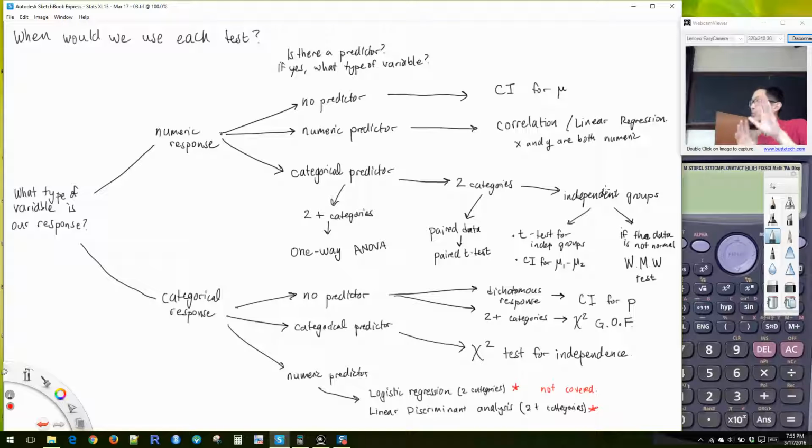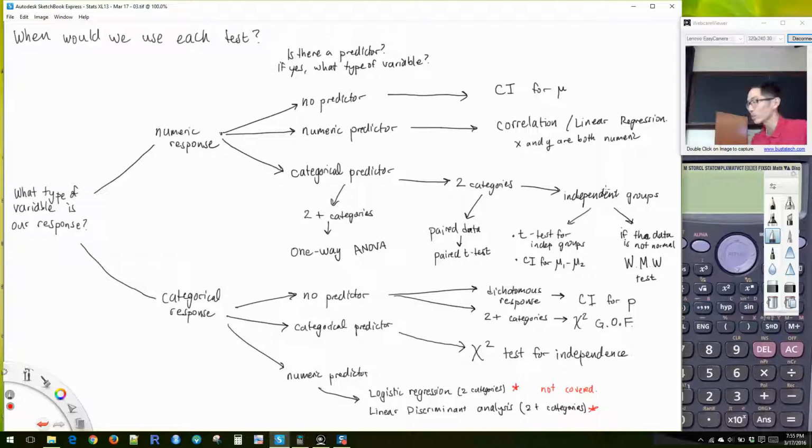We could reframe the question: does the drug have an effect on blood pressure, or is there a change in blood pressure associated with the drug?